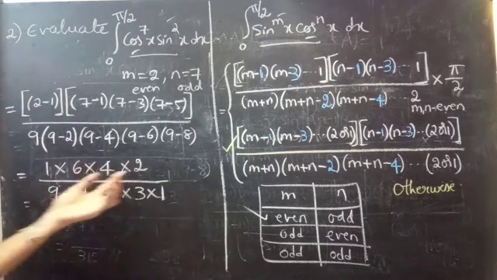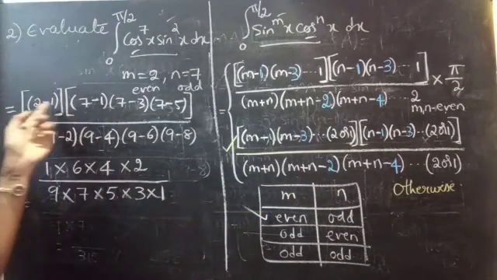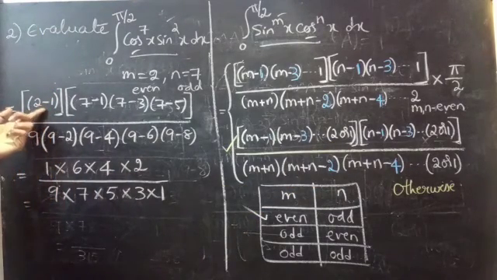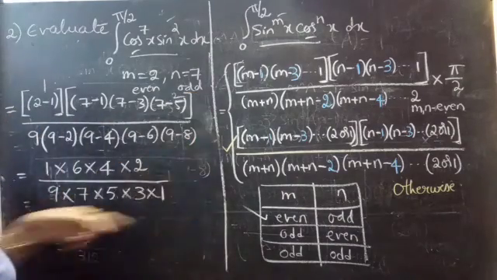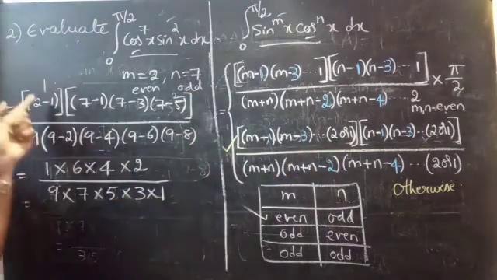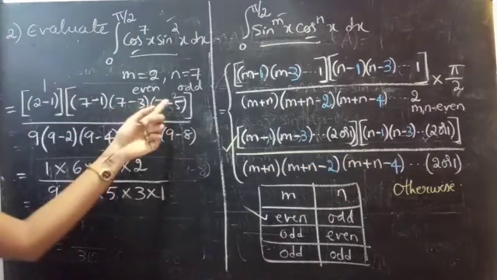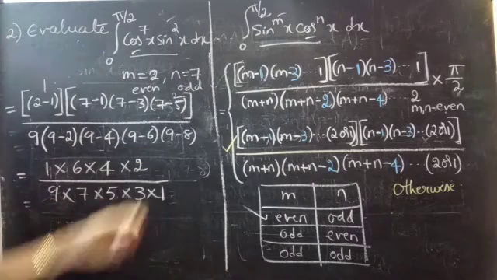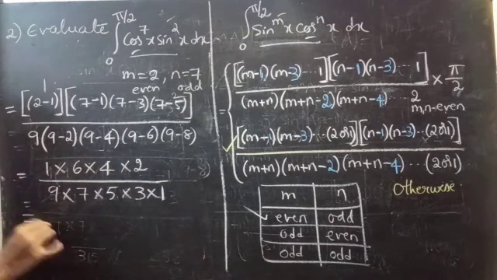You can notice here that for m you got 1 and for n you got 2, and in the numerator again you got 1.